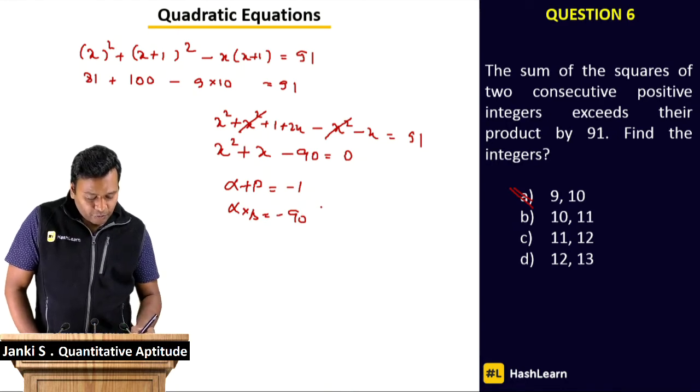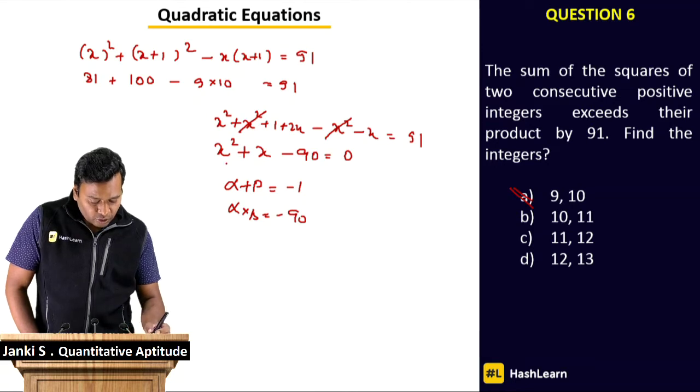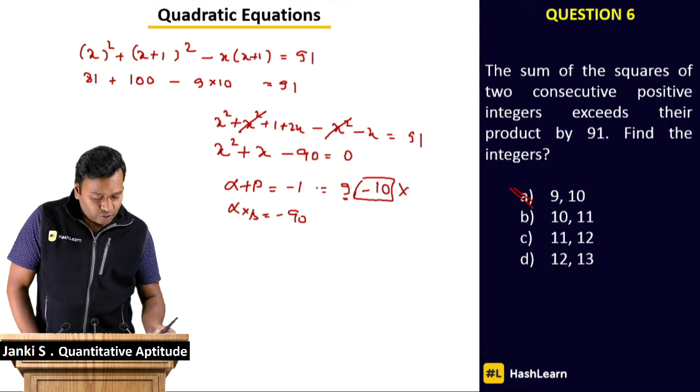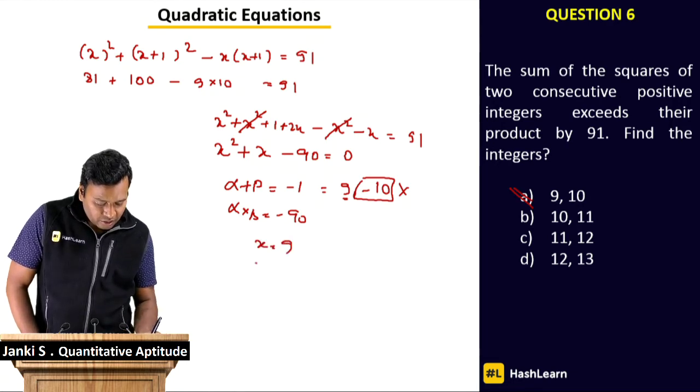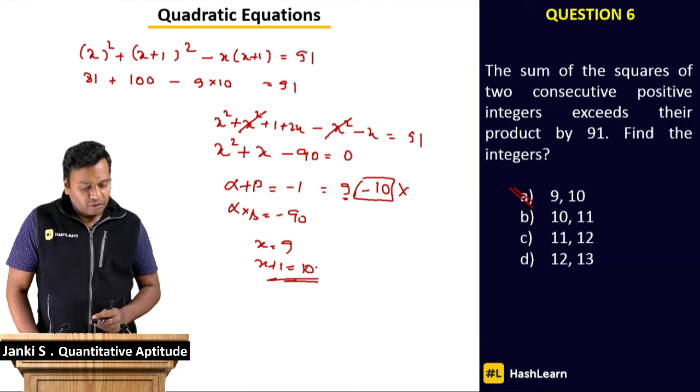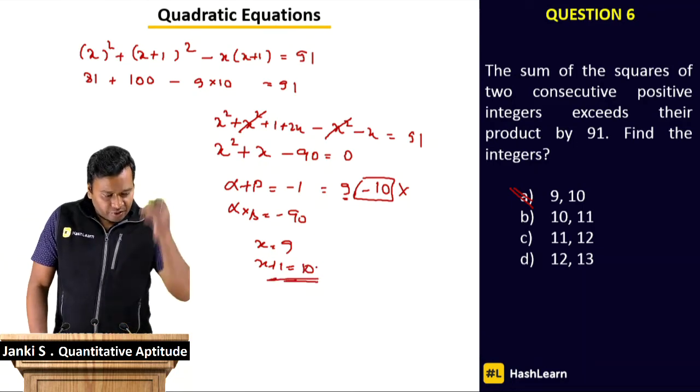So what are the values possible here? So that means x value is how much in this case? X value is nothing but 9 and minus 10. So I should not take minus 10 in this case, I should take 9 here. So x value is 9, x plus 1 is nothing but 10. My option is nothing but 9 and 10. Correct, Vikas.